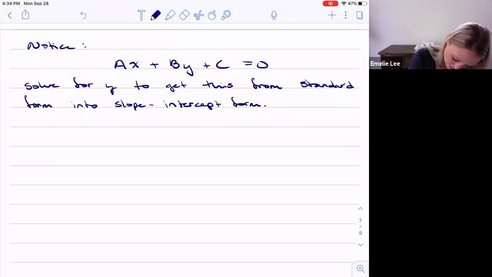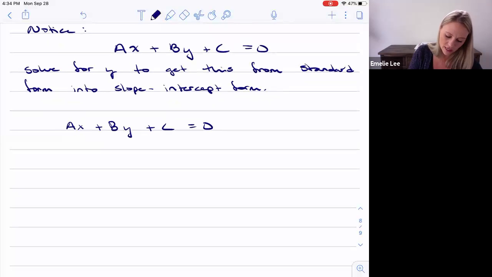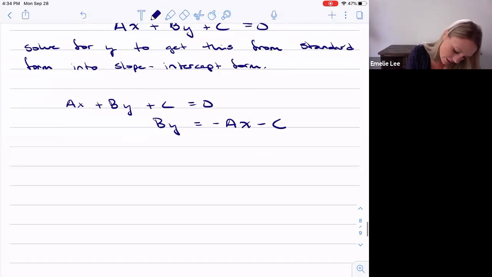Right, so I've got ax plus by plus c equals 0. If I'm solving for y, then I can move the ax and the c over to the right-hand side by subtracting them from both sides. So I have by equals negative ax minus c. So far, so good. Gonna get a little bit nasty, right? Because I'm dividing by b, but that's okay.